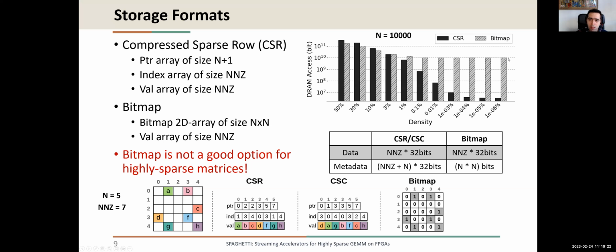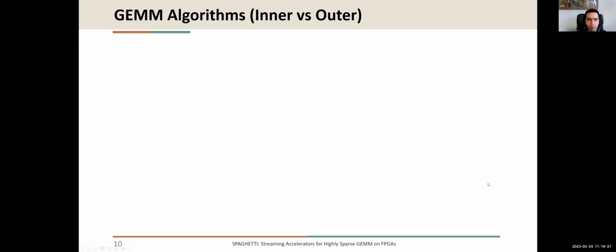So for highly sparse matrices, bitmap is not a good option, and it's better to use either CSR, CSC, or some representation formats similar to CSR, CSC.